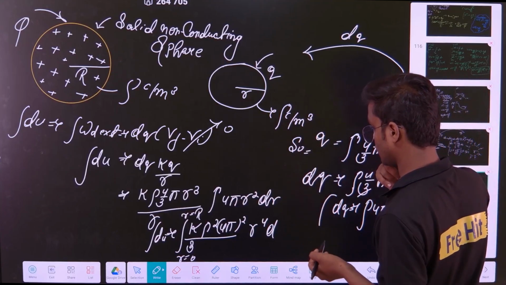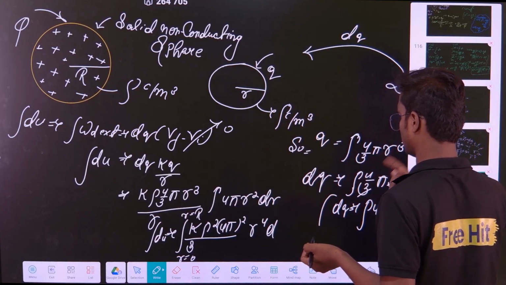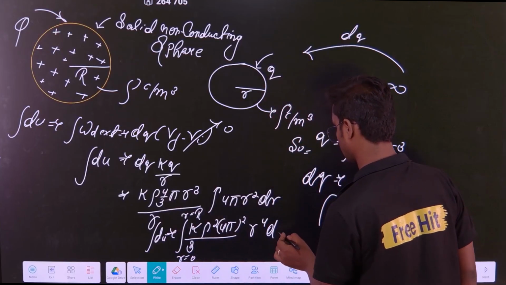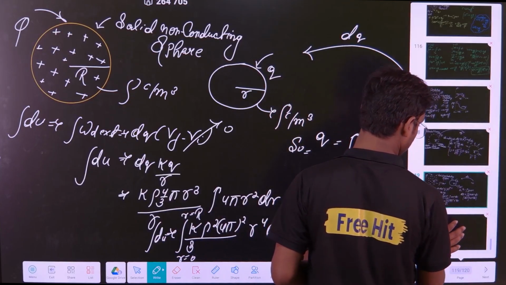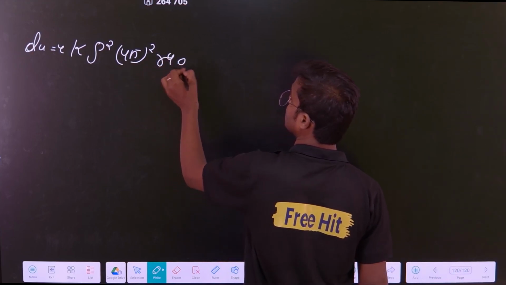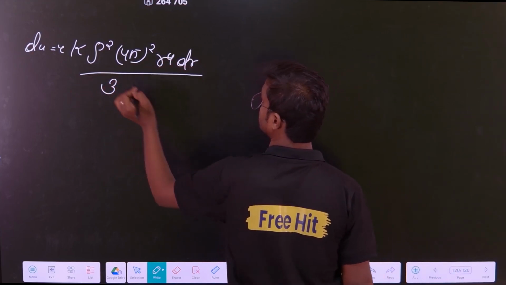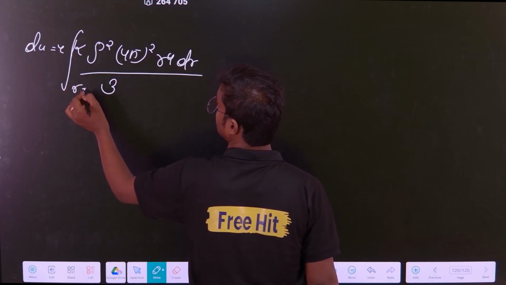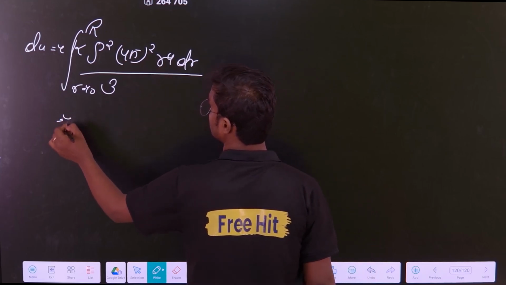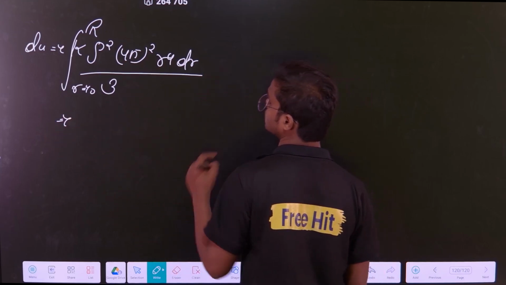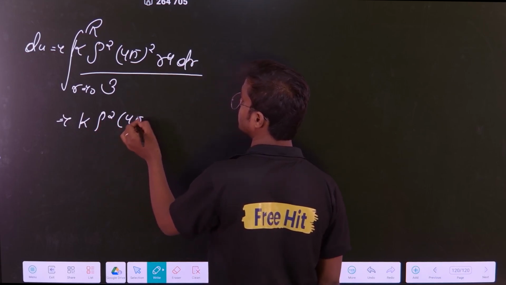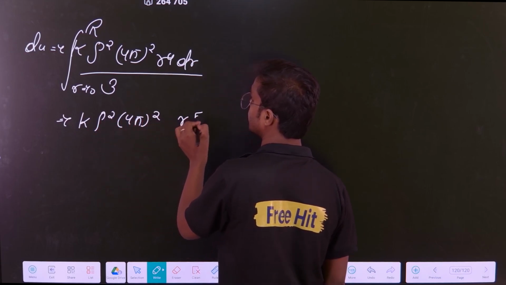Integrating from 0 to r gives k rho square 4 pi square r to the power 5.